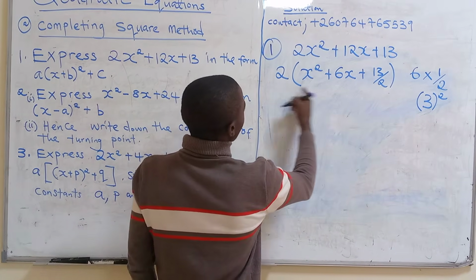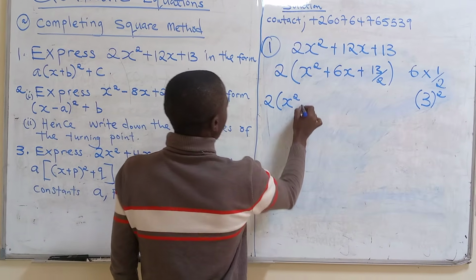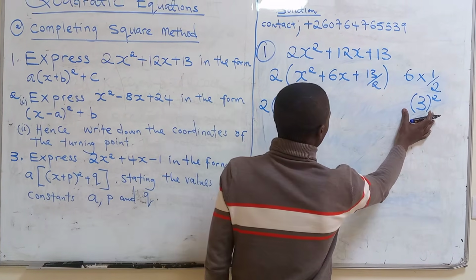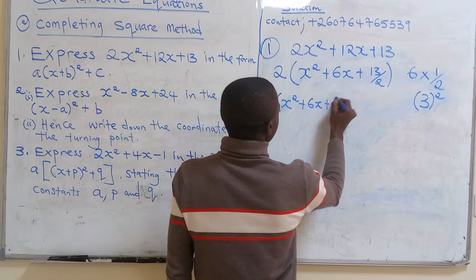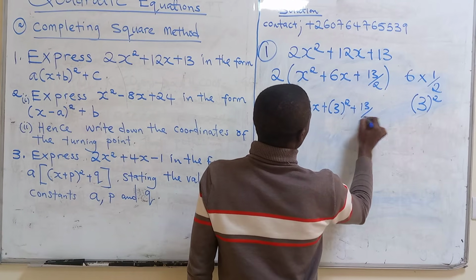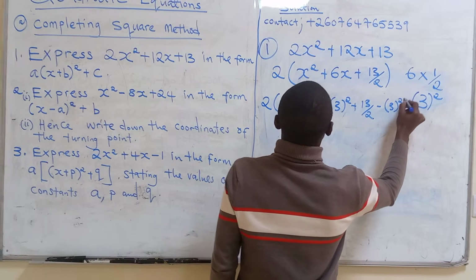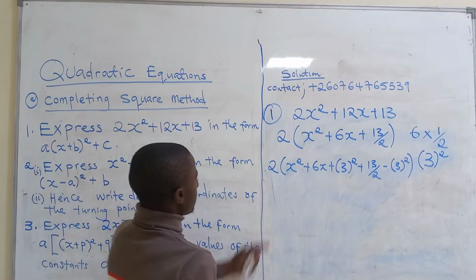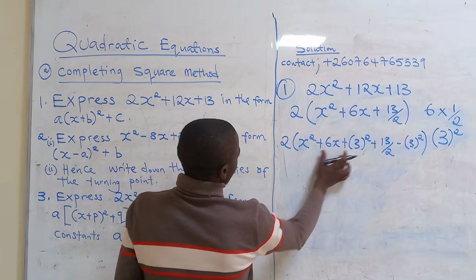So I should now rewrite the equation, that is 2 open brackets x squared plus 6x plus, now I should add this one to the equation, also subtracting this same value, that is 3 squared plus 13 over 2 minus 3 squared. Then we close the brackets. From there, I'm going to write these two together.